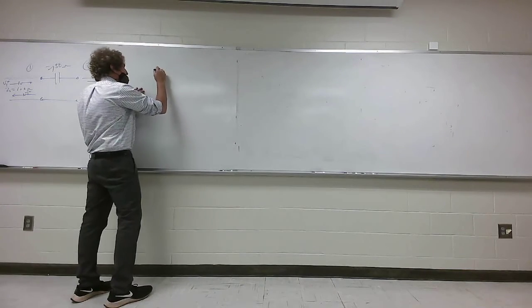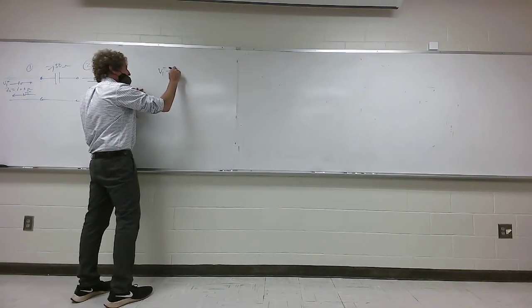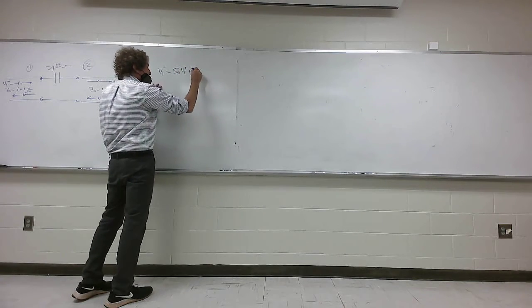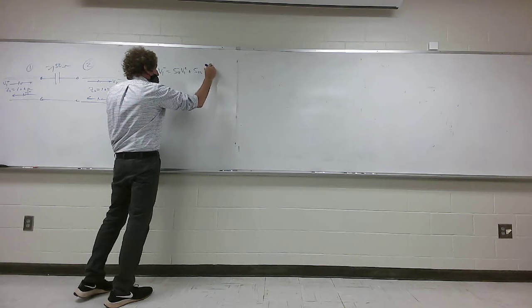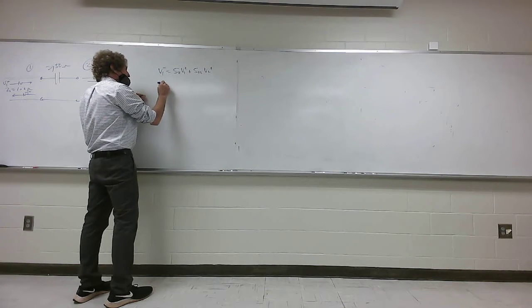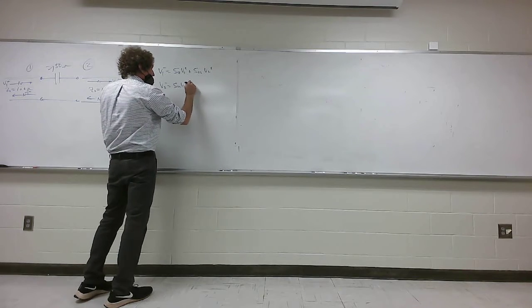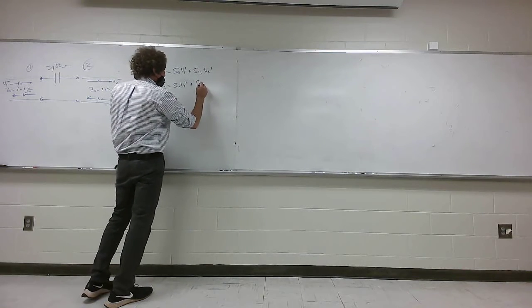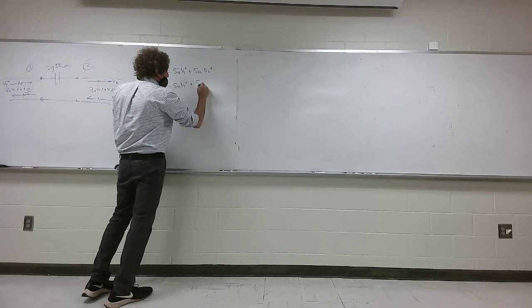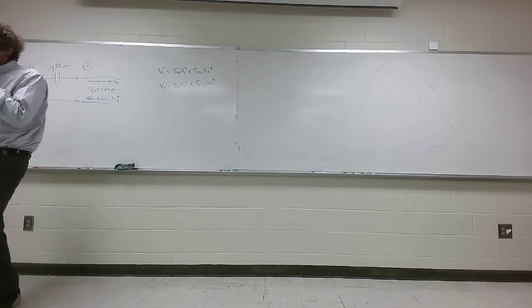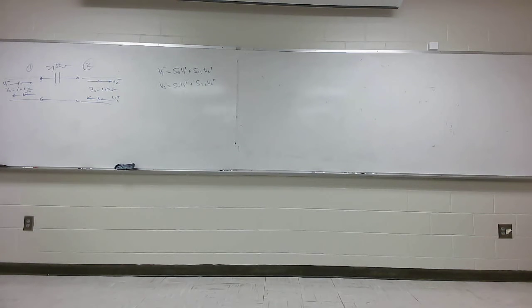Then I'm going to say that V1 minus is actually equal to S11 V1 plus plus S12 V2 plus, and V2 minus is equal to S21 V1 plus plus S22 V2 plus.